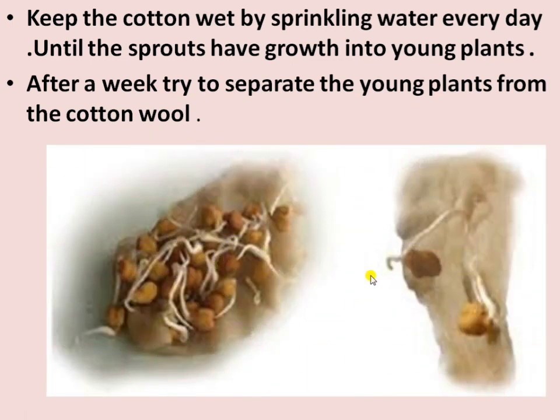As you can see in this picture, firstly place some wet cotton wool in them and put 3 or 4 seeds of gram in one container, and then 3 or 4 seeds of maize in the second, and keep the cotton wet by adding water every day until the sprouts have grown into young plants. After a week, you have to separate the young plants from the cotton wool. So the question is, was it easy to separate the cotton wool from the roots, and why?